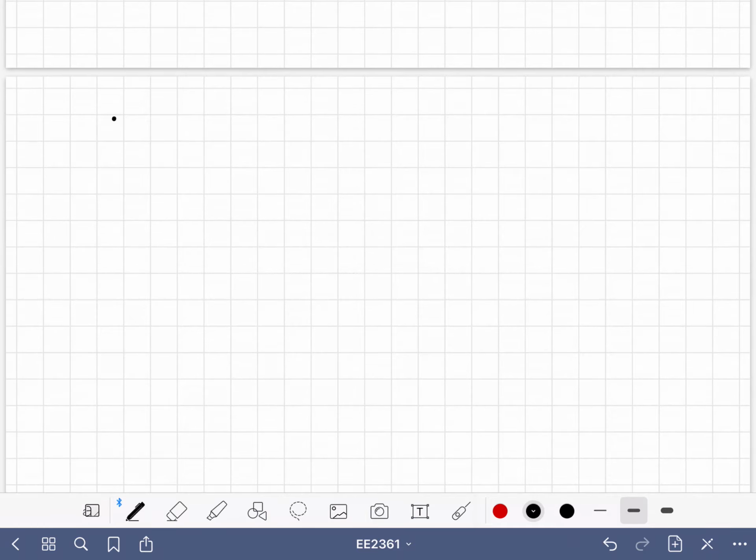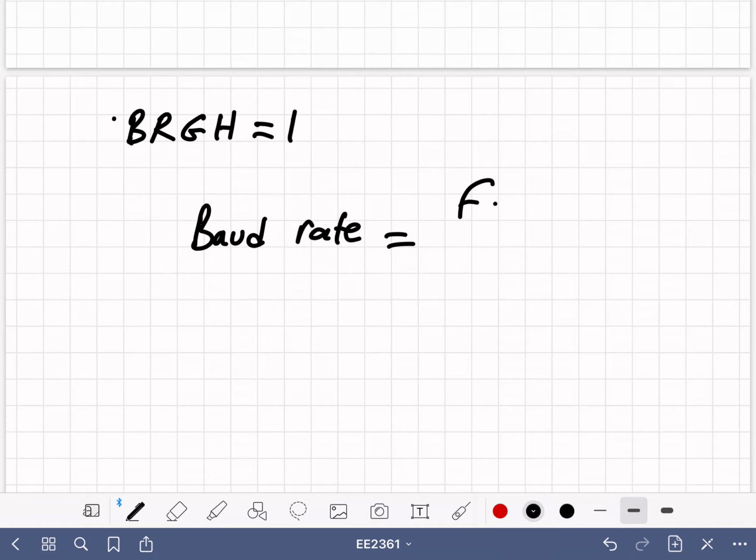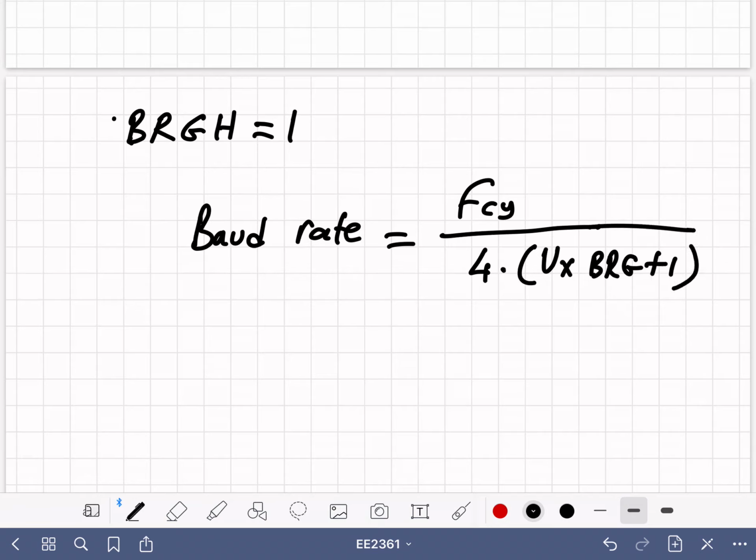So if we select BRGH, if we set it to 1, then the baud rate formula changes. If we select the high baud rate option, then the baud rate formula becomes a little bit different. It becomes FCY over 4 times (UxBRG plus 1). Obviously in the slow one it was 16, which makes it slower.